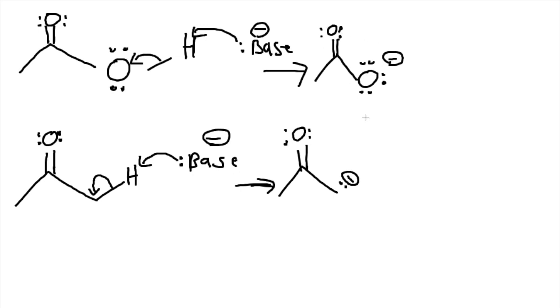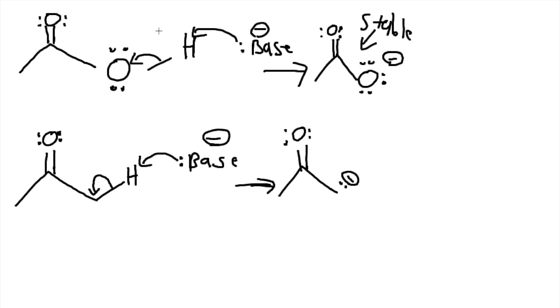More electronegative elements make it more stable. So this is more stable than this one because of the two oxygens. Strong acids form stable conjugate bases.